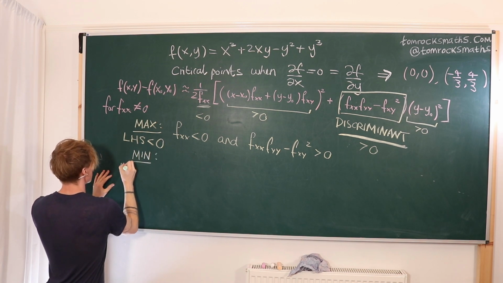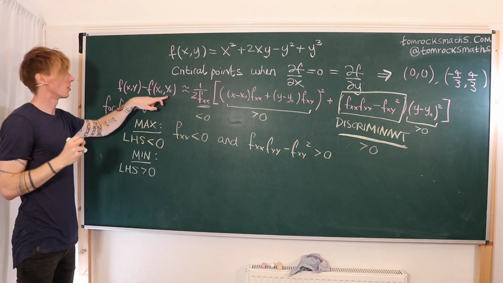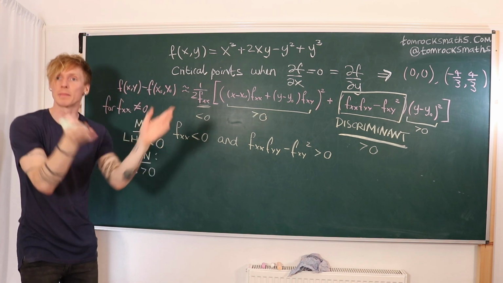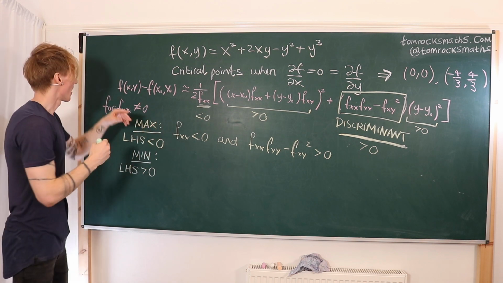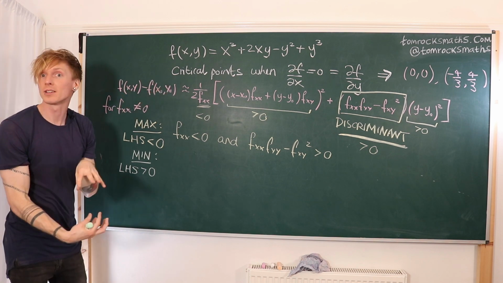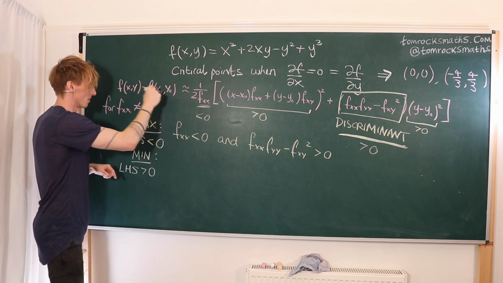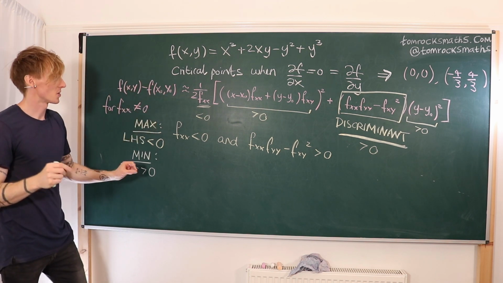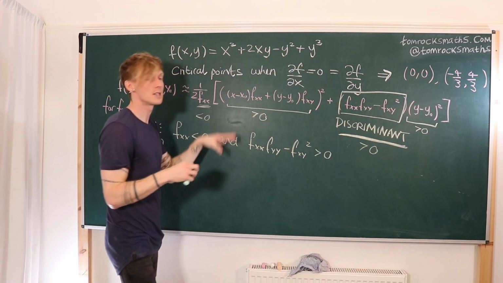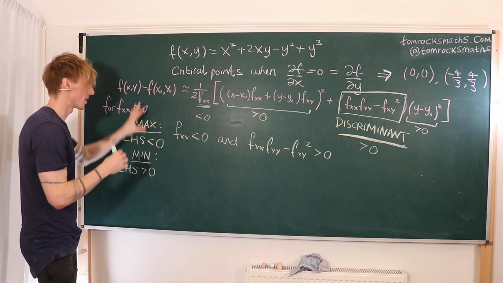Now for the minimum, we expect the left-hand side of our equation, in the case of a minimum, to be positive. Because for x0, y0 to be a minimal critical point, for it to be a minimum at the bottom of that bowl or valley, all nearby points, x, y, must be bigger than the critical point. So therefore, this f of xy minus the minimum must always be positive. So now we need to think, how do we ensure that the right-hand side of our equation is always positive? And it's very similar to what we see for the maximum.